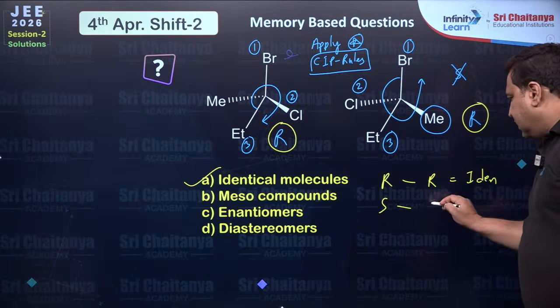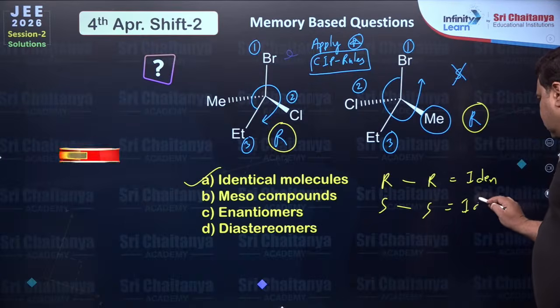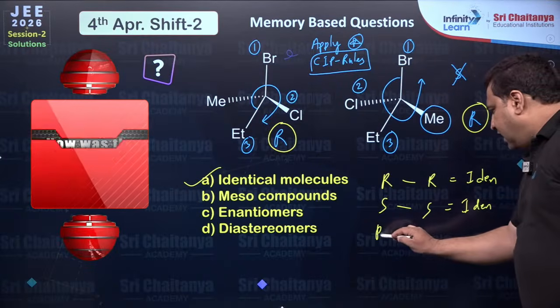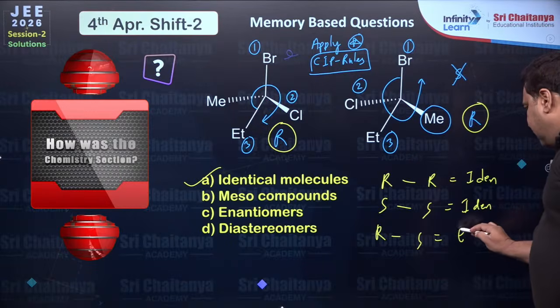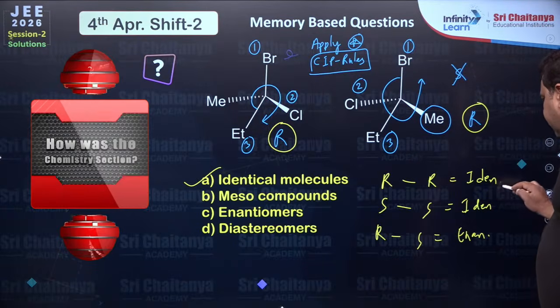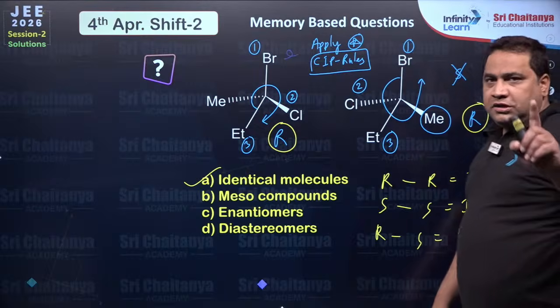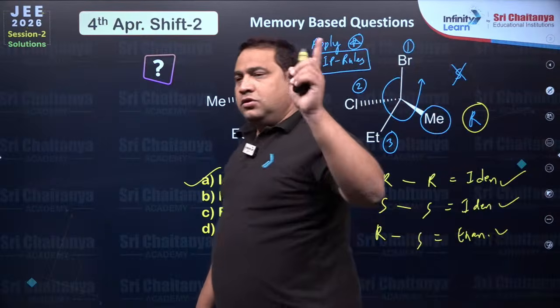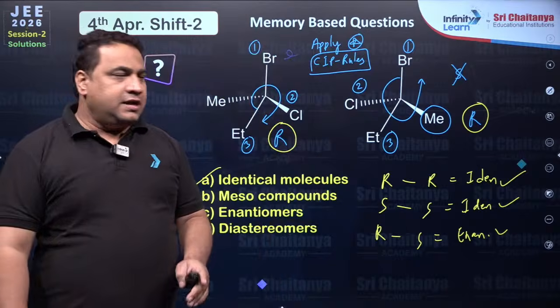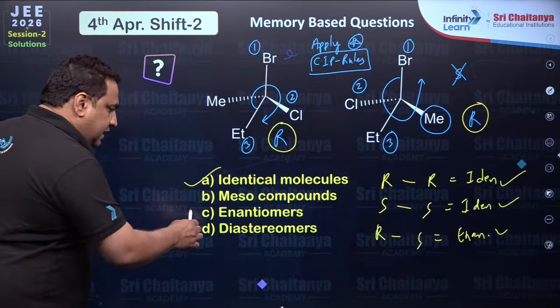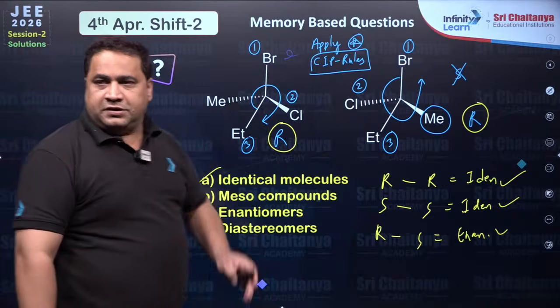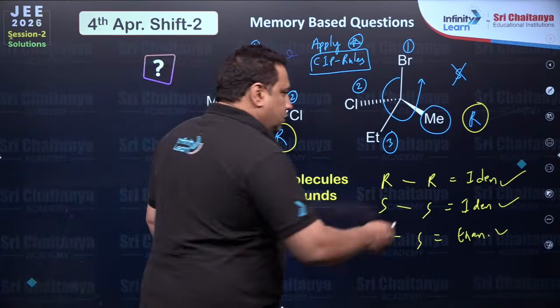If one is S and the other is S, then you should call them identical. If one is R and the other is S, then they will be enantiomers. Clear? I don't know the answer. You know the structure. You draw and you compare. So the answer can be identical or it can even be enantiomer. That depends upon the structure. But this concept you have to use.